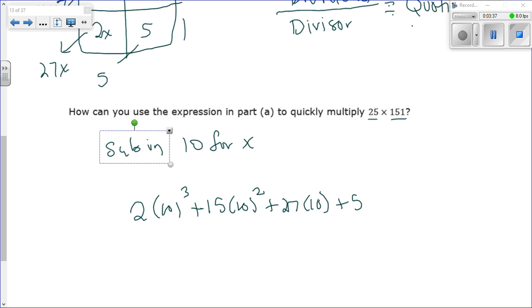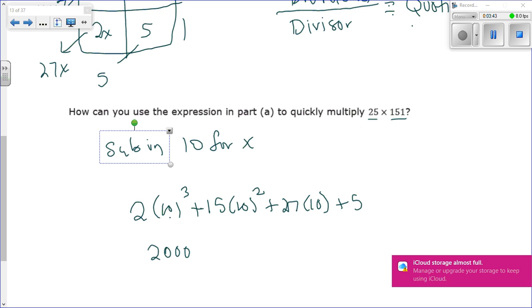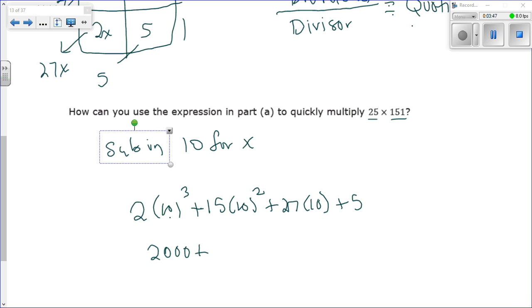So 10 cubed is 1,000, so this becomes 2,000 plus 10 squared is 100 times 15 is 1,500 plus 27 times 10 is 270 plus 5.